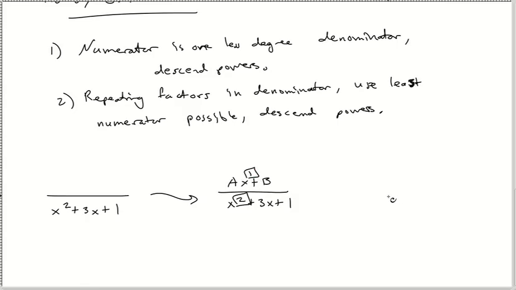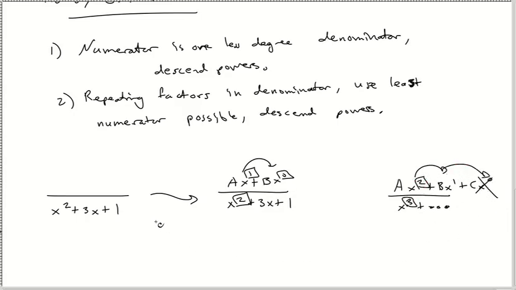If you had a cube in the bottom, then on the top you'd start with a square. I always say A, of course, that's what they're going to want in WebAssign as well, Ax squared, and then you descend the powers down. Notice this went to a 0 power here, so I'm going to do Bx to the 1, and then Cx to the 0. We don't have to write that 1, and x to the 0 is just 1, so you don't have to write that either. So again, I'm descending my powers, one less, all the way down.